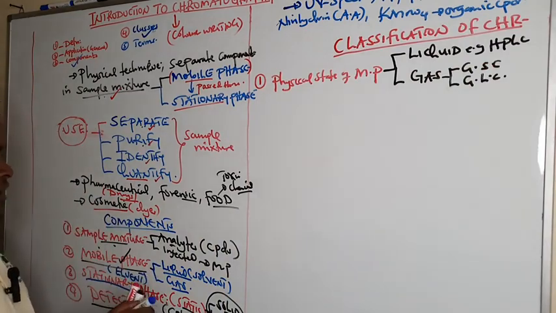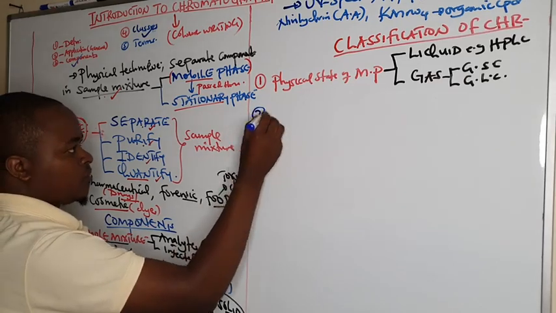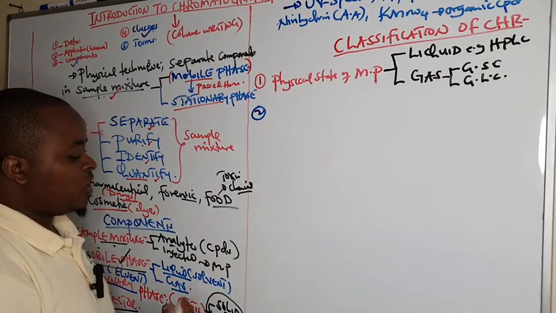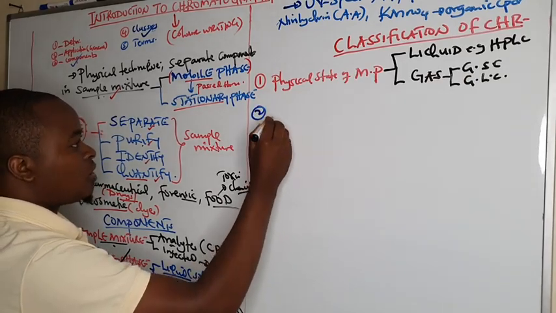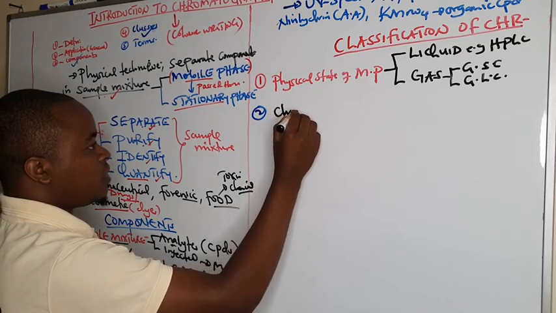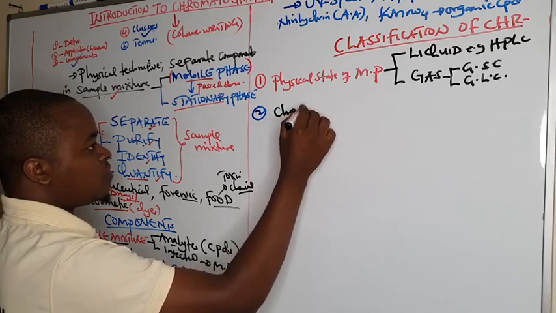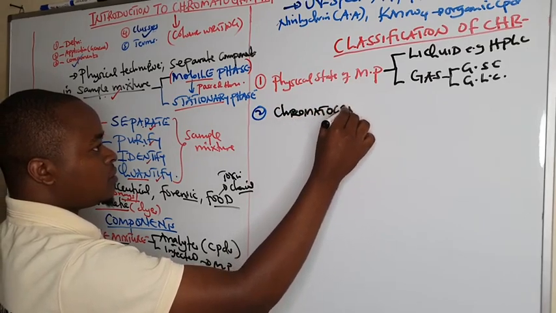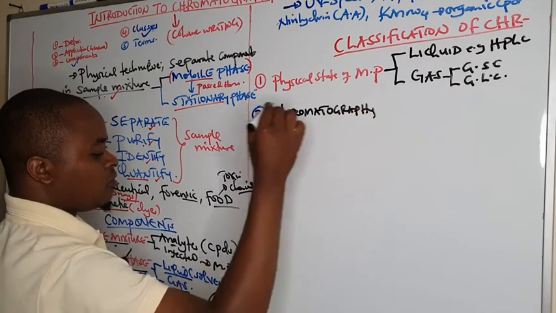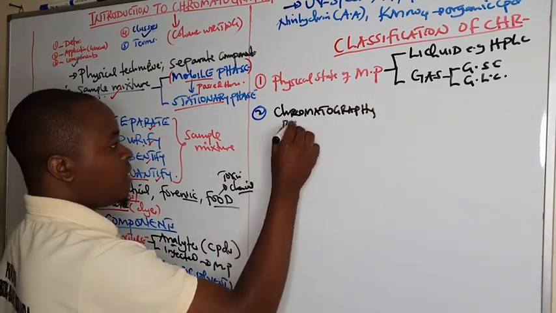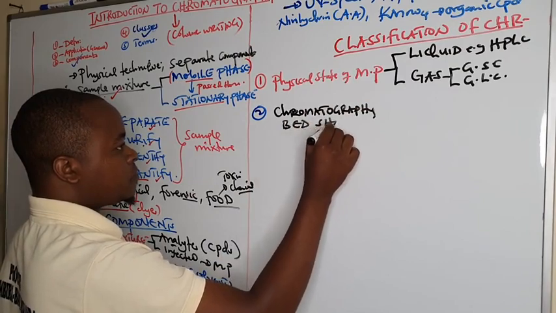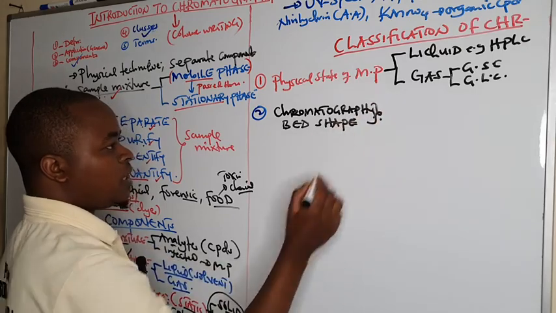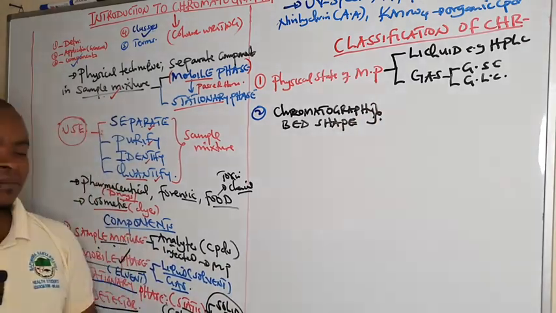Then the second basis of classification is according to the chromatography bed. So we can classify according to the chromatography bed shape. This chromatography bed shape, we can call it like a column.